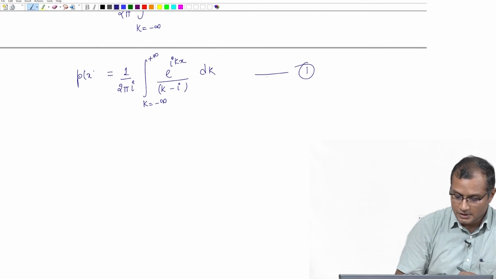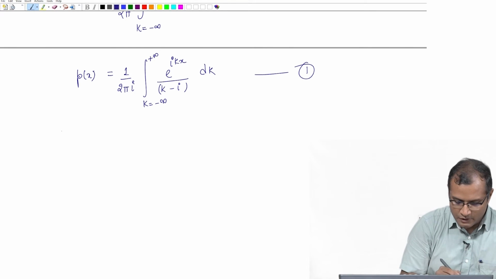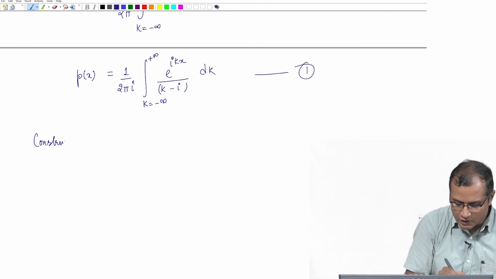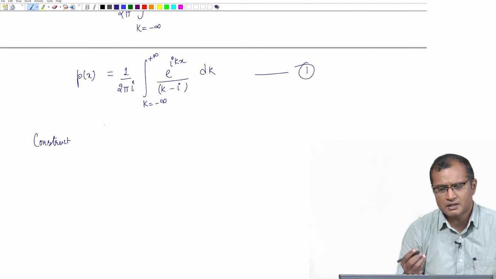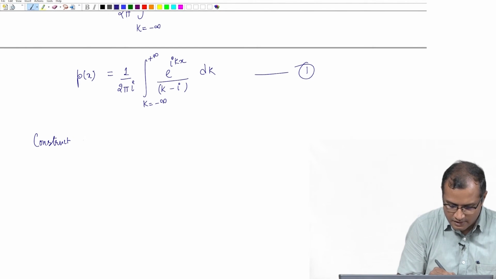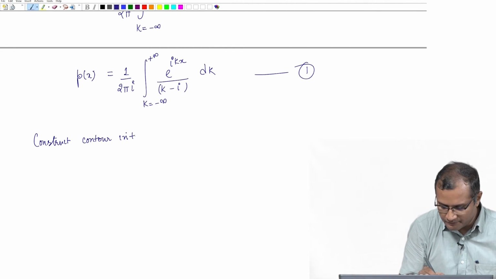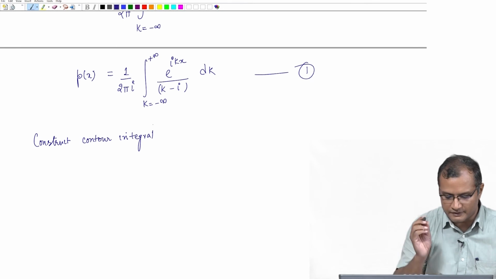Okay. So, what I will do is construct a new integral in the complex plane. This is a contour integral, different from our p of x.